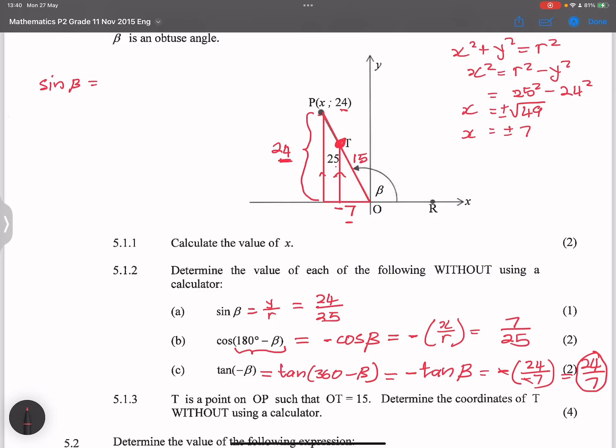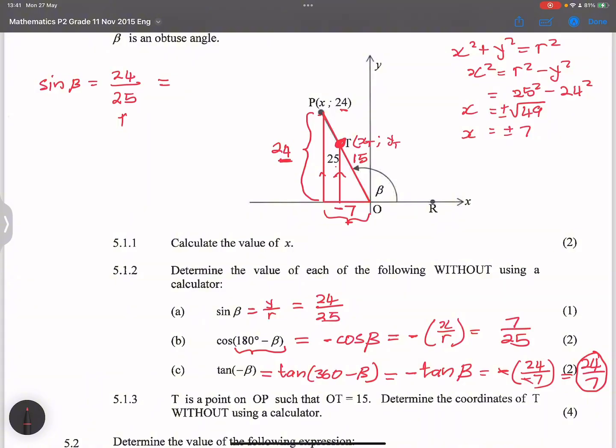So in the previous one, it was 24 over 25. But this is in the first triangle. But this is also equal to, so let's make the point at T, let's say XT and YT.